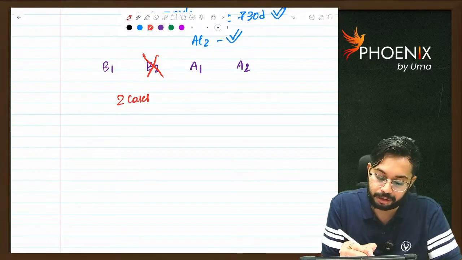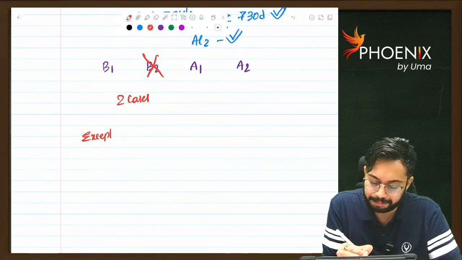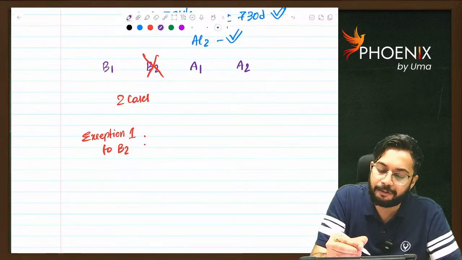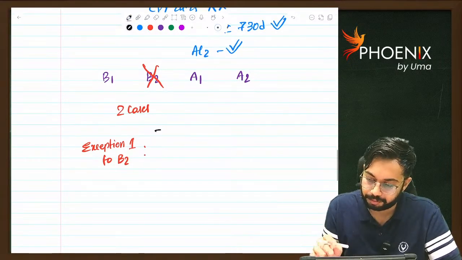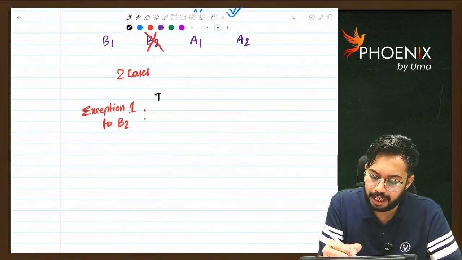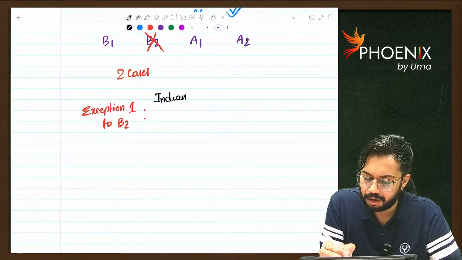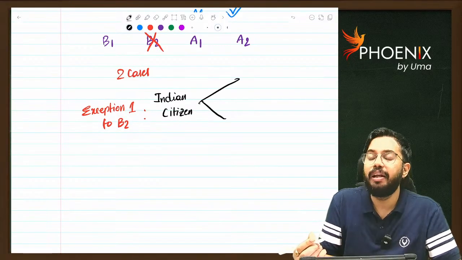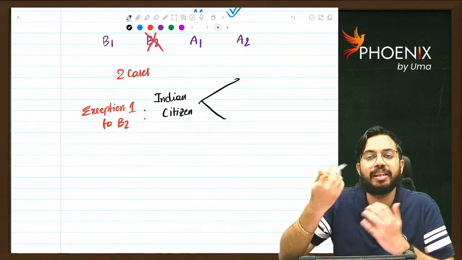So what are those two cases? Exception 1 to the second basic condition is applicable only for an Indian citizen. If an Indian citizen leaves India, why is he leaving?